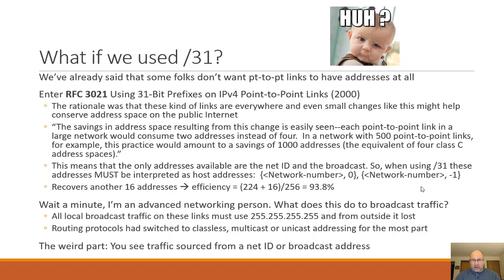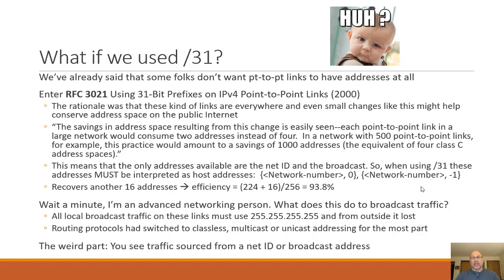So the idea here is that, okay, when you're doing a /31, you only have the net ID and the broadcast address on that particular subnet. And what that means is that the routers must be assigned those 2 particular addresses. It's crazy, I know, it's weird, but that's the way that it works.